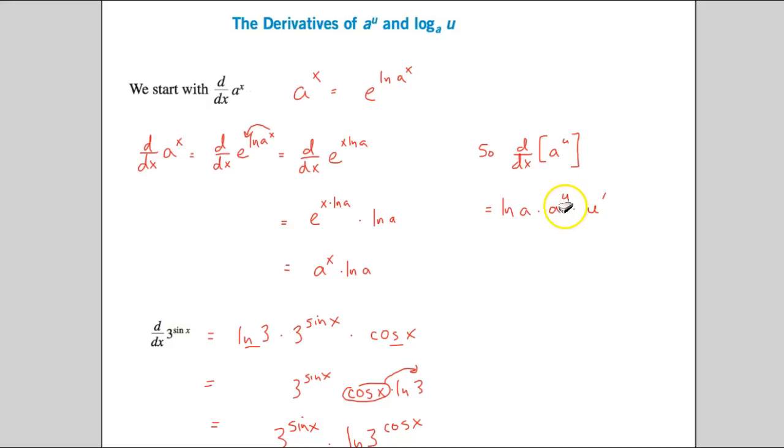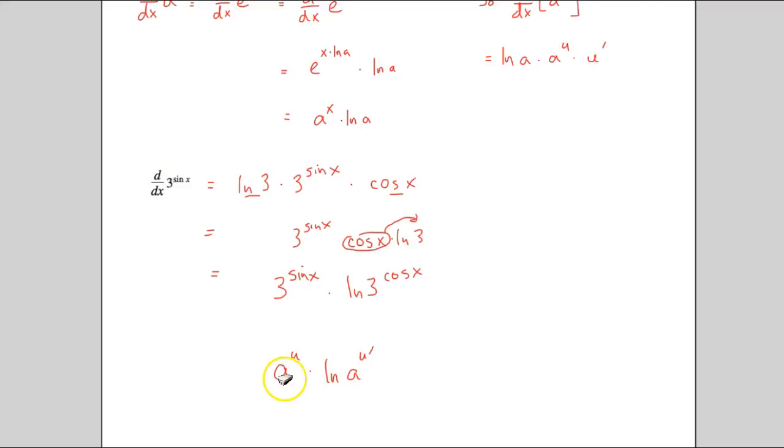There's the u, and there's the u prime, natural log of a. The u prime could, by properties of logarithms, go on top of the a. So we end up with a to the u times the natural log of a to the u prime. Okay, so that's my personal preference. But again, you could have stopped right here: 3 to the sine x times cosine x natural log of 3, which is just the original derivative.